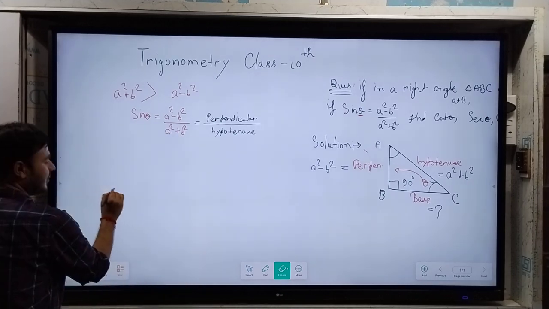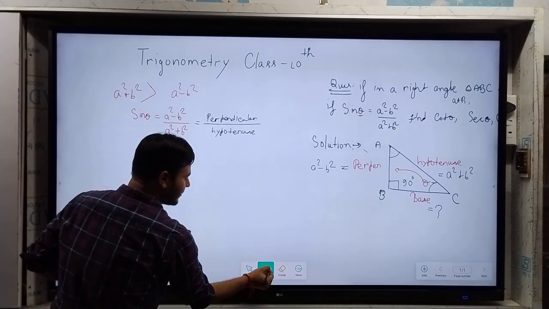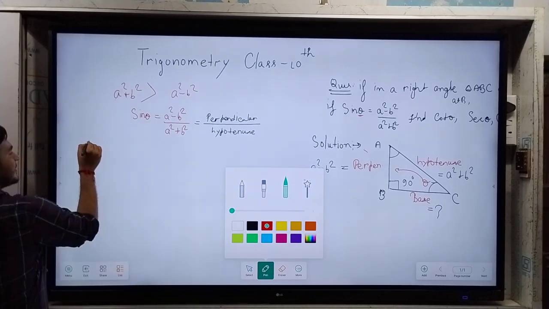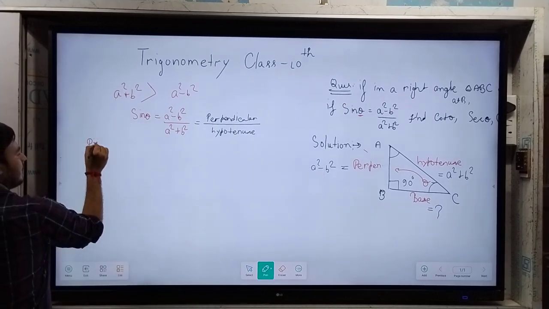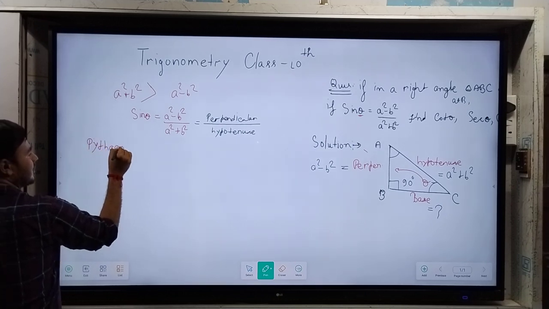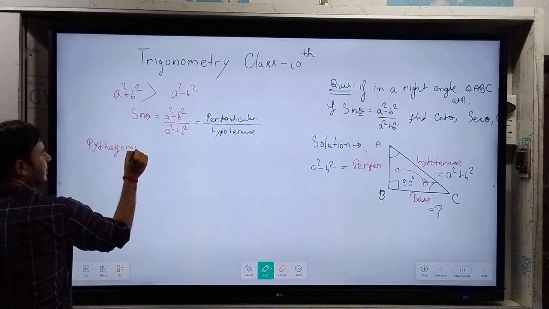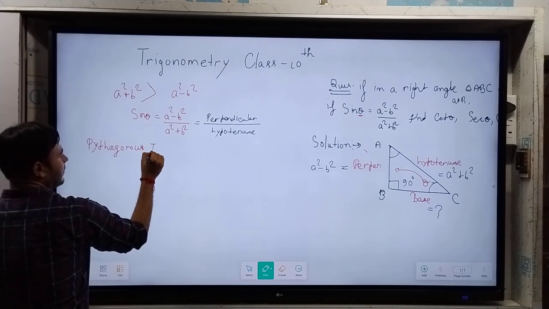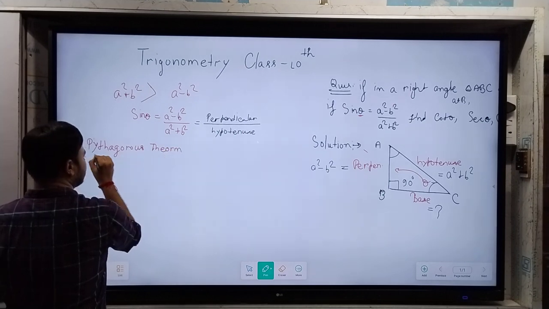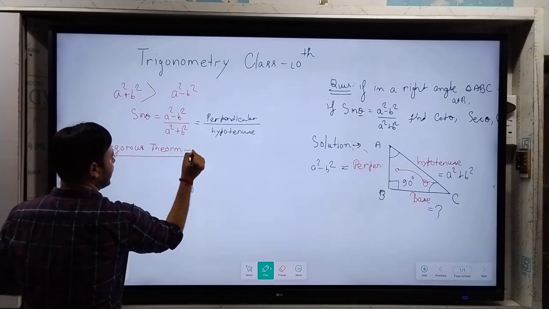What is the Pythagoras theorem? You have learned the Pythagoras theorem in class 8 and 9.